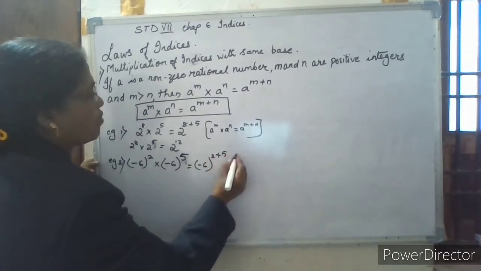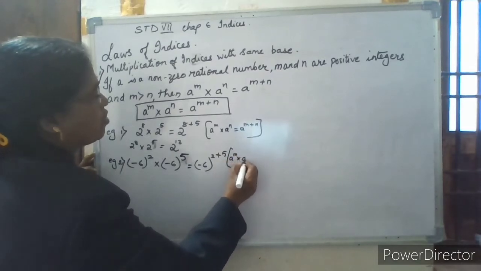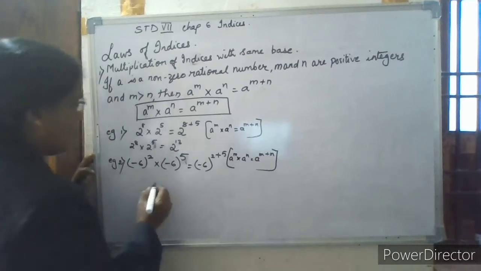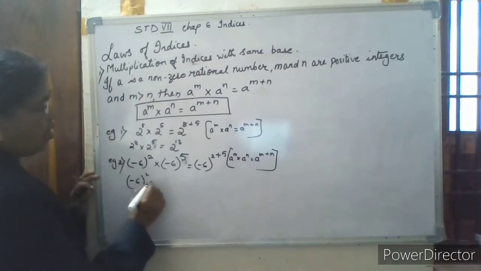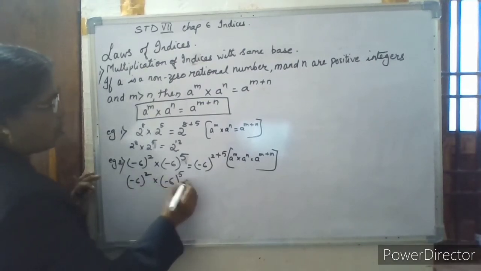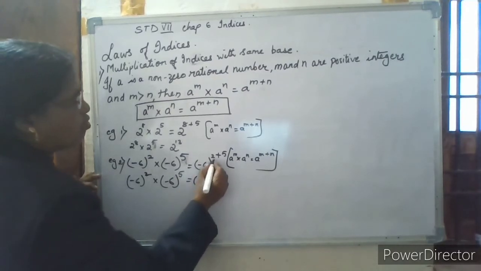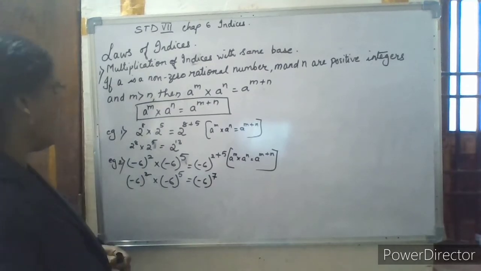This is again because of the law a raised to m into a raised to n is equal to a raised to m plus n. So this is equal to minus 6 the whole raised to 2 plus 5, which is 7. In this way we get it.